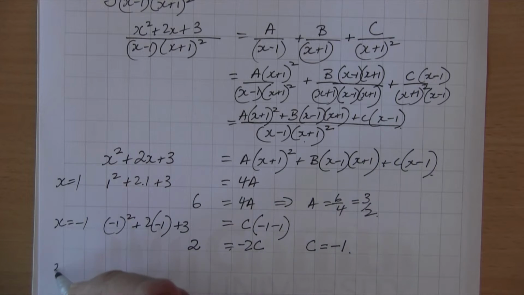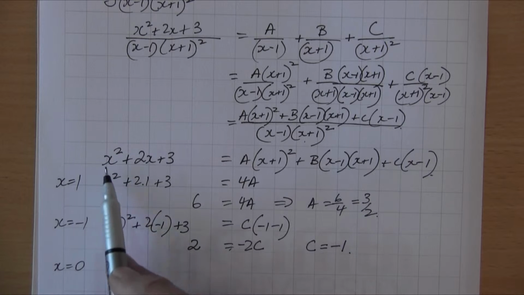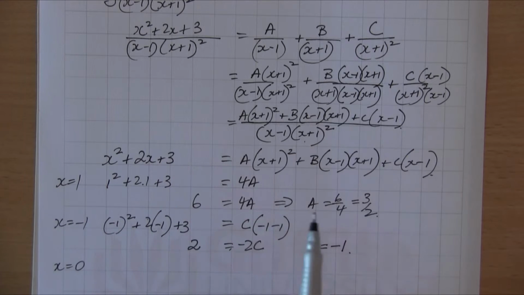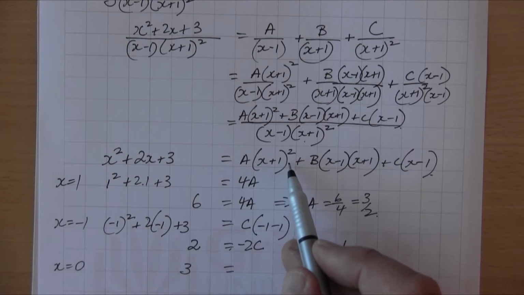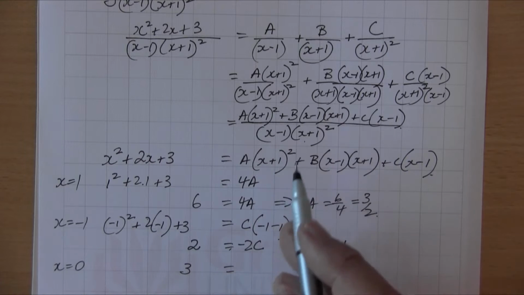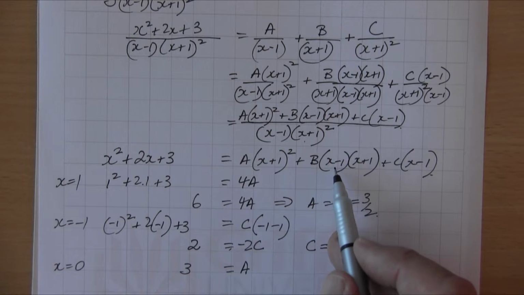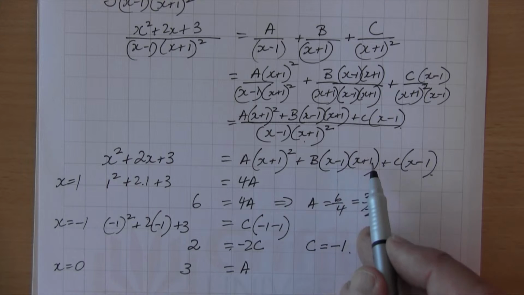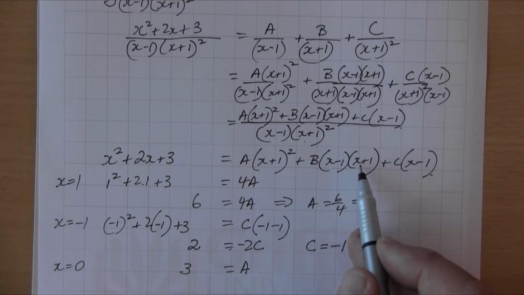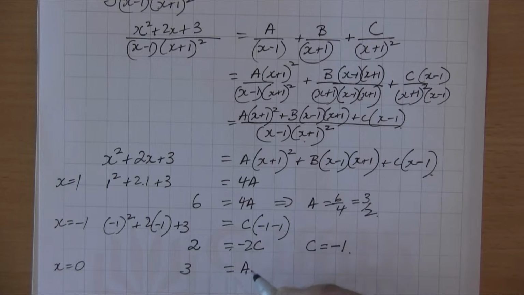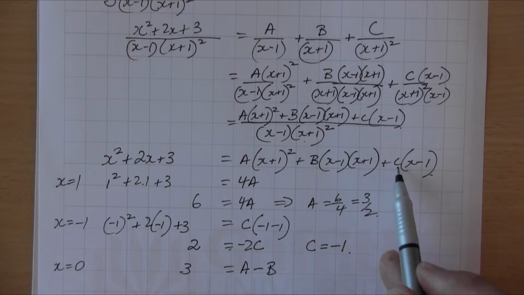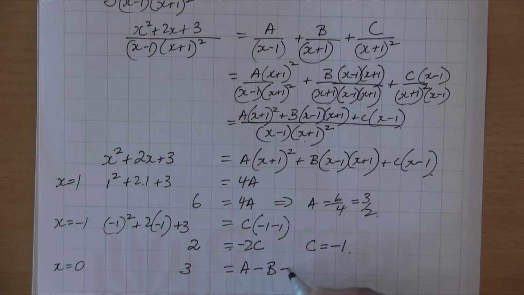So if we let x equals 0, that makes this very easy to evaluate, because we've got 0 plus 0 plus 3, so that's 3 equals. Now x equals 0, we've got 0 plus 1, so we've just got A. x equals 0, we've got -1 times +1, so -B. And x equals 0, we've got -C.